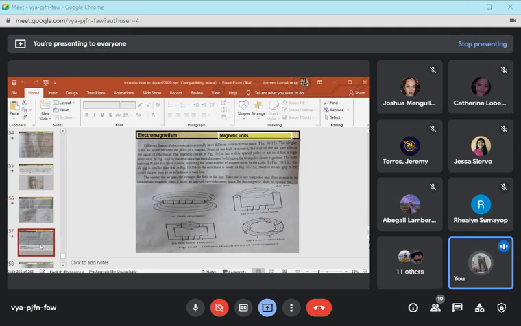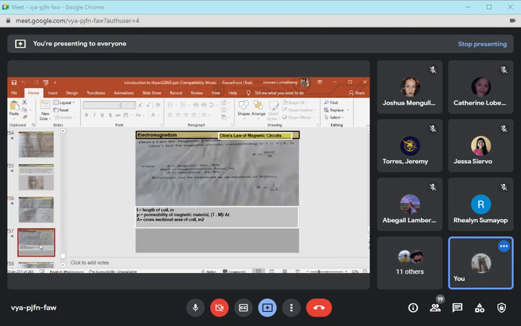Now, the application of Ohm's law to a magnetic circuit. This is the magnetic flux, phi; mmf, the magnetomotive force; and R, the reluctance.